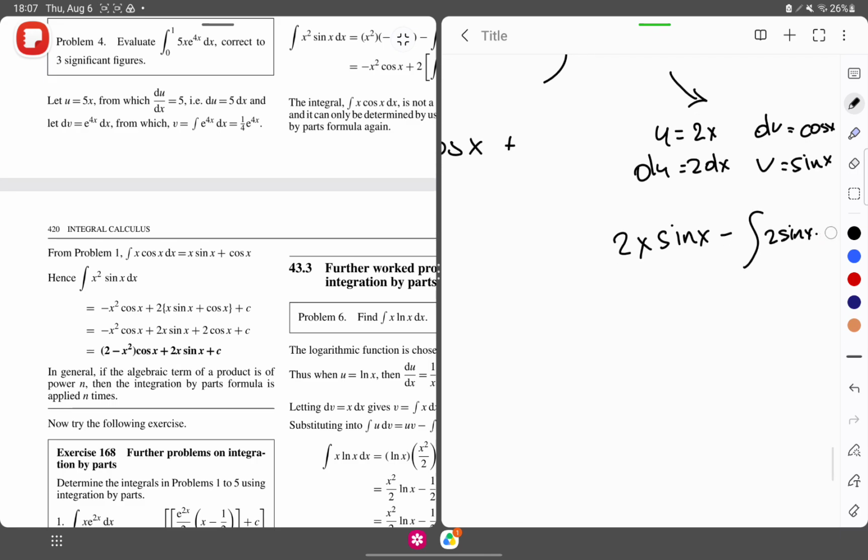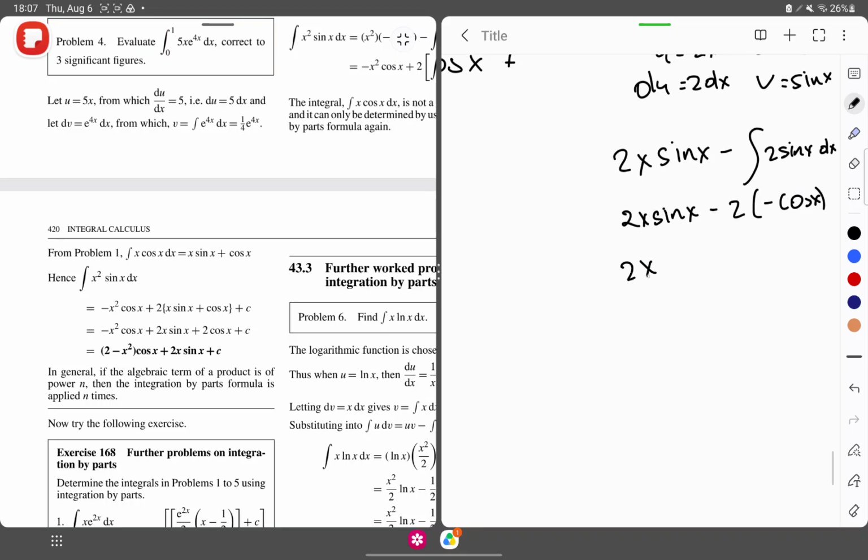2x sine x minus 2 times the integral of sine, which is negative cosine x, plus c1, but we don't need it. So 2x sine x plus 2 cosine x.